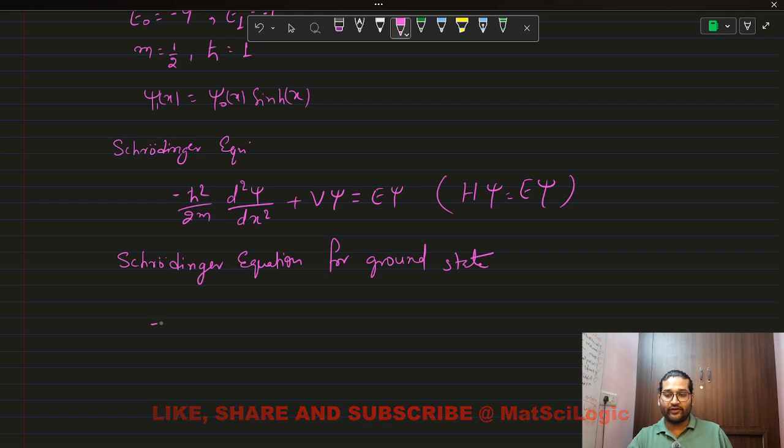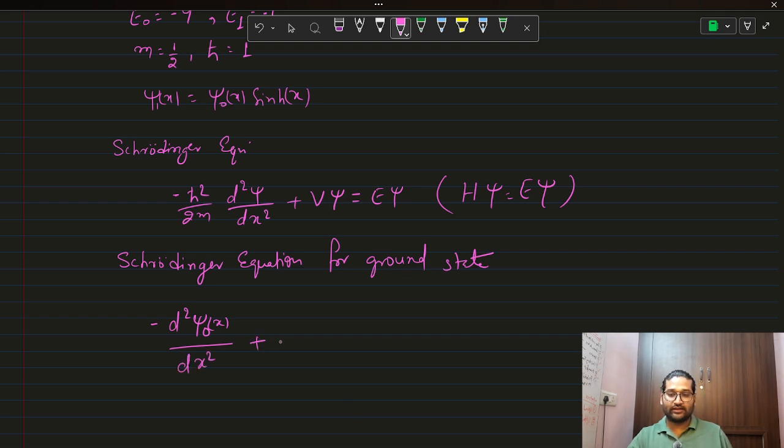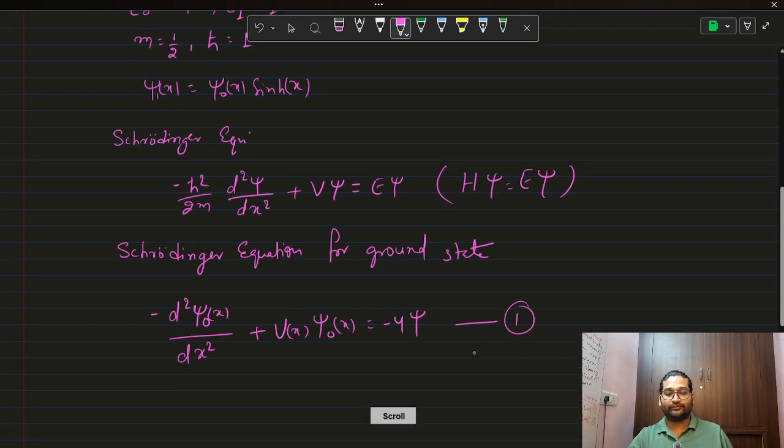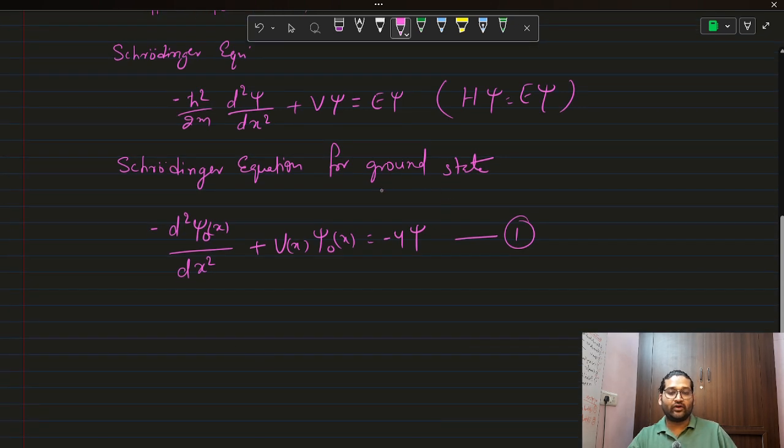So we are left with minus d2 psi 0 x upon dx square plus V(x) psi 0 x is equal to -4 psi 0. Let me write it as equation 1, and this is for the ground state.